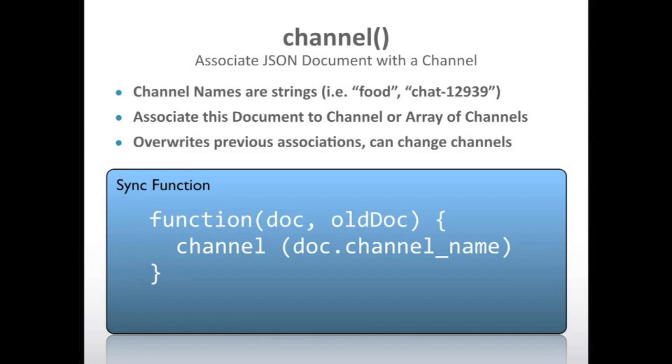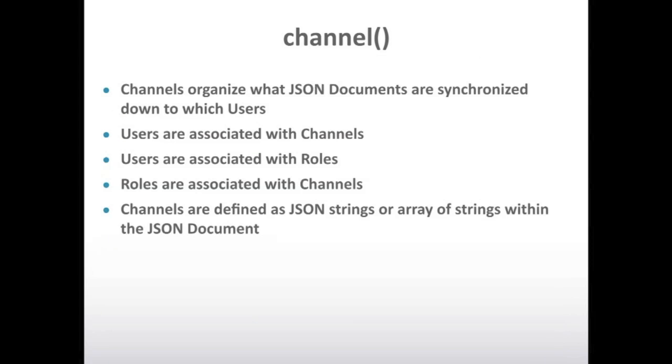From then on, any users that are associated with that channel will receive those documents in synchronization. I'm going to show a diagram here. This command associates this document with one or more channels. Channels are basically what organize which JSON documents are synchronized down to which users. Users are associated with channels, or users are associated with roles, and roles are associated with channels if you want to do entire groups of users.